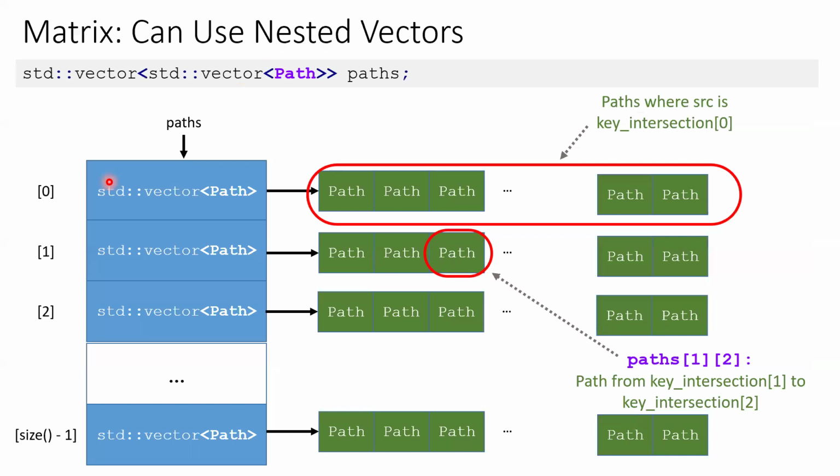What it looks like is, for the paths, you have a vector in this dimension, and each of the vectors will have a vector in this dimension, and you can then use the intersection IDs to access each path that you're interested in.